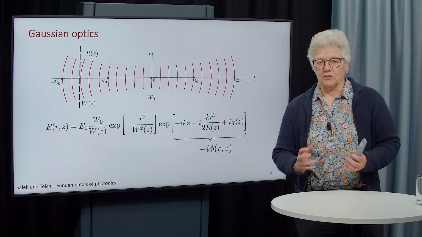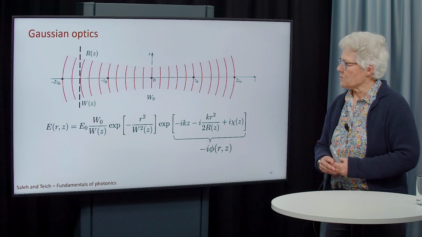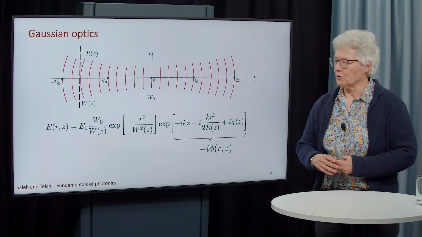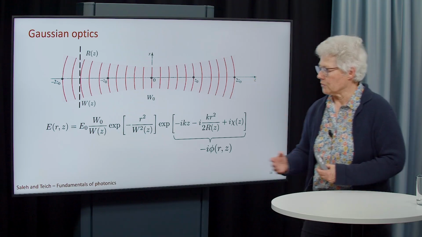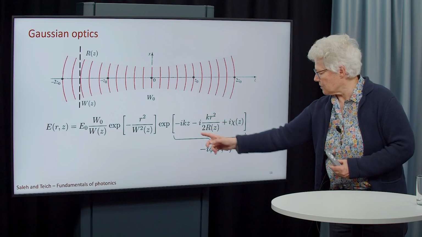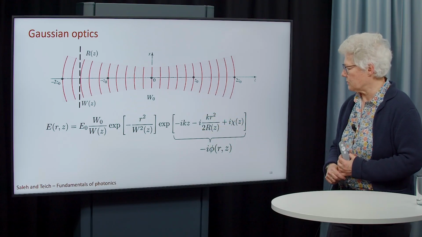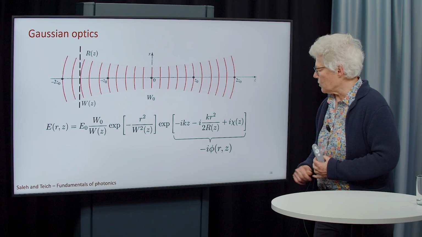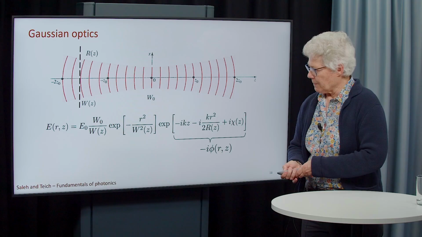Let me now discuss the spatial properties of harmonic pulses, and let me start with a little bit of Gaussian optics. Here you have the expression of a Gaussian field, and I want to especially look at the phase properties of these Gaussian beams, with a quadratic phase as well as the Gouy phase.